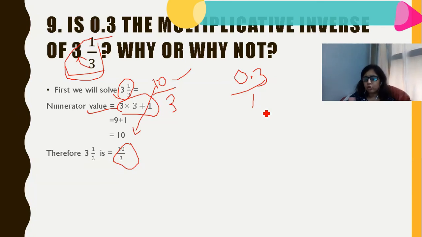In order to find the multiplicative inverse, I will shift these numbers with each other. In my previous video I told you how to find the multiplicative inverse of any number, and I'm telling you again: if you want to know the multiplicative inverse of any number, just shift the numerator value to the denominator and the denominator value to the numerator.